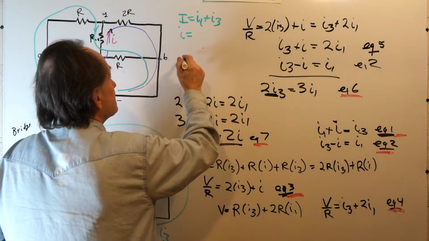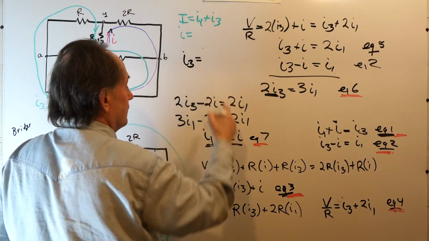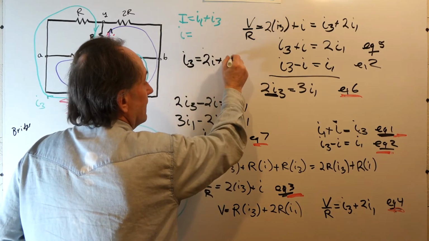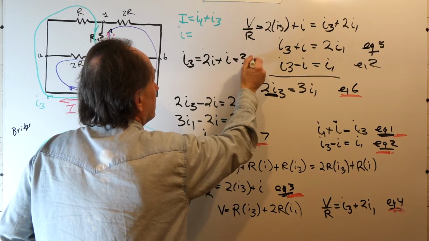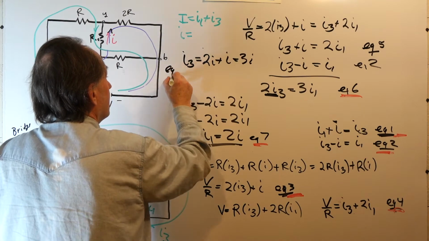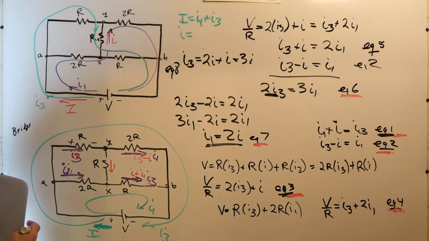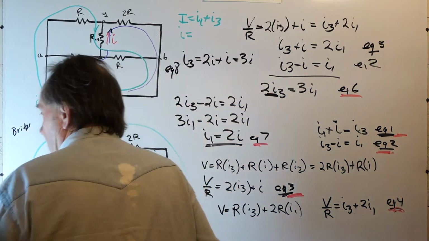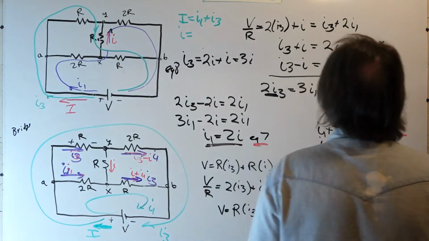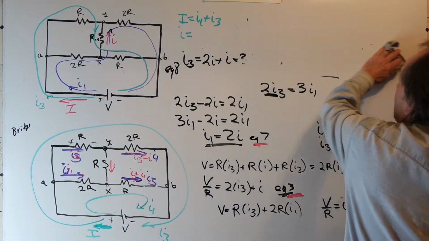So from equation 1, we have I3 is equal to I1, which is 2I plus I, or 3I. This is equation 8. Now, we're almost home. I'll get rid of this right here.